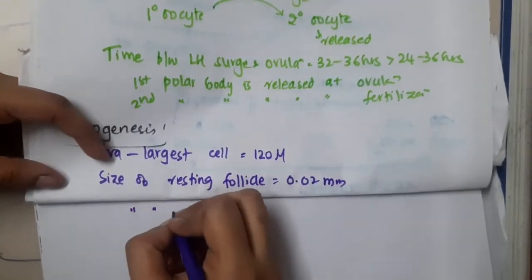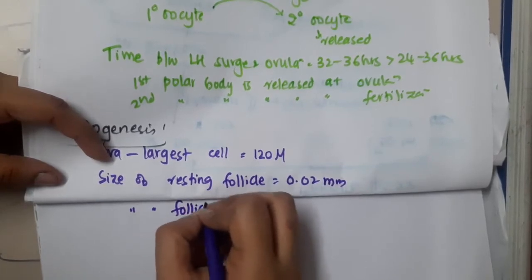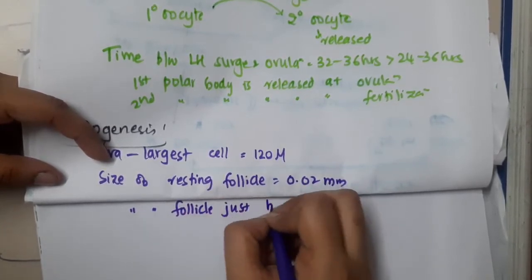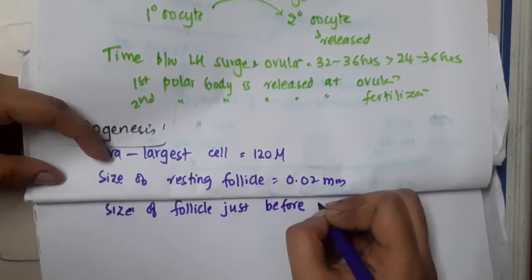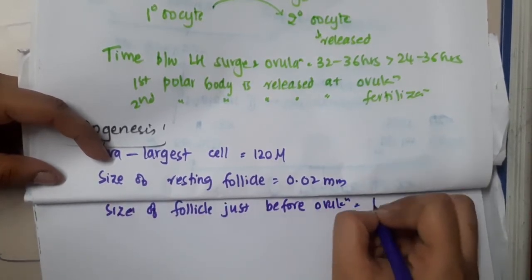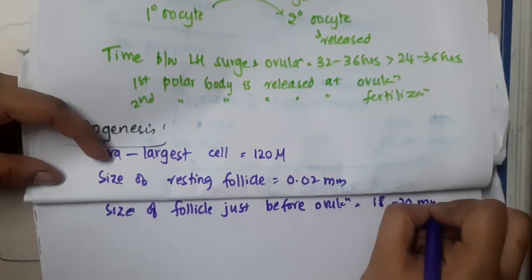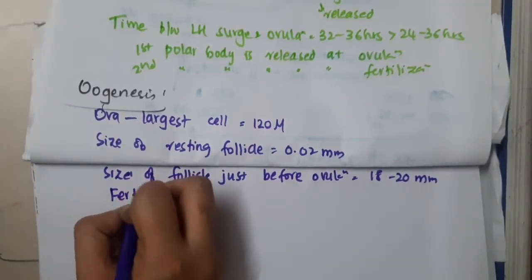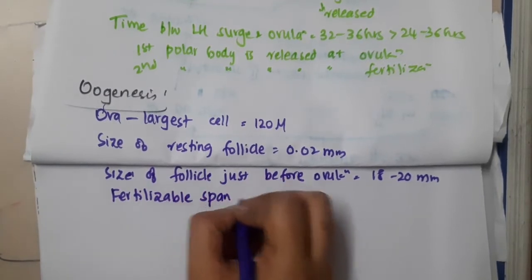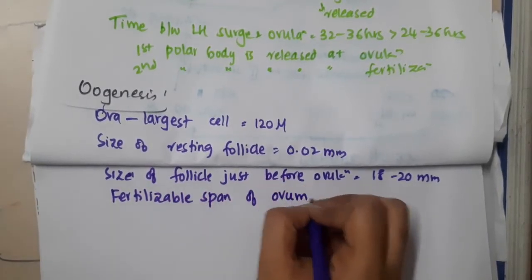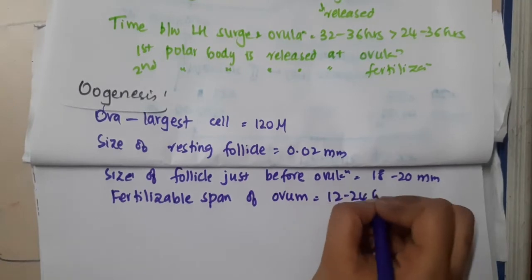The size of follicle just before ovulation is 18 to 20 millimeters. The fertilizable span of ovum is around 12 to 24 hours.